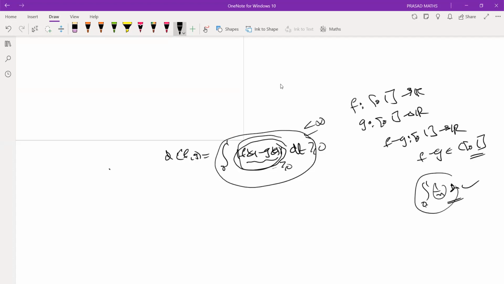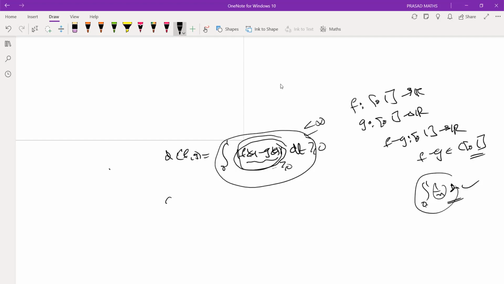So it is not Riemann integrable, and we go for the improper integral. Here there is no problem, because f and g are continuous functions.